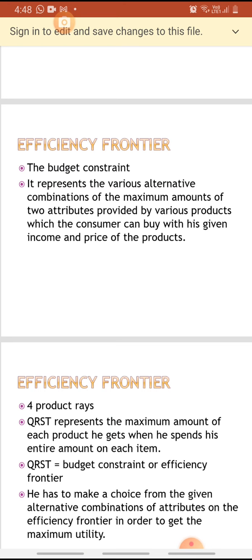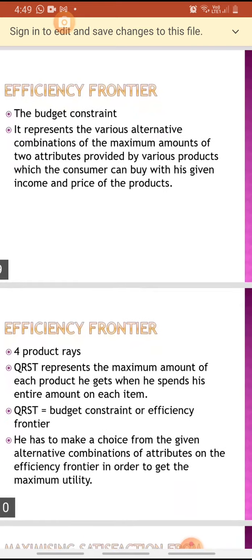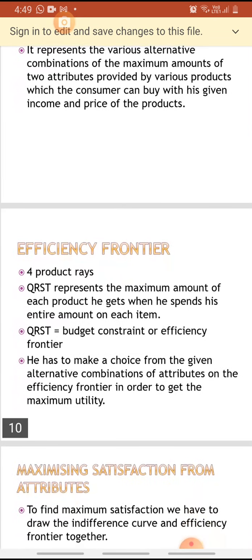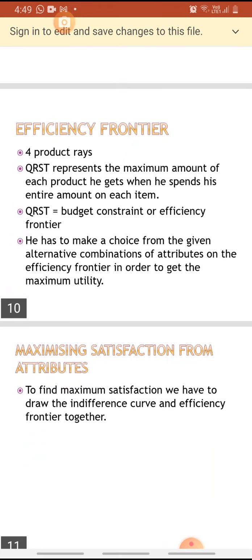So a budget constraint is needed. We will think of purchasing commodities within our budget, so the maximum amount of two attributes with the given income and price of the products is given.